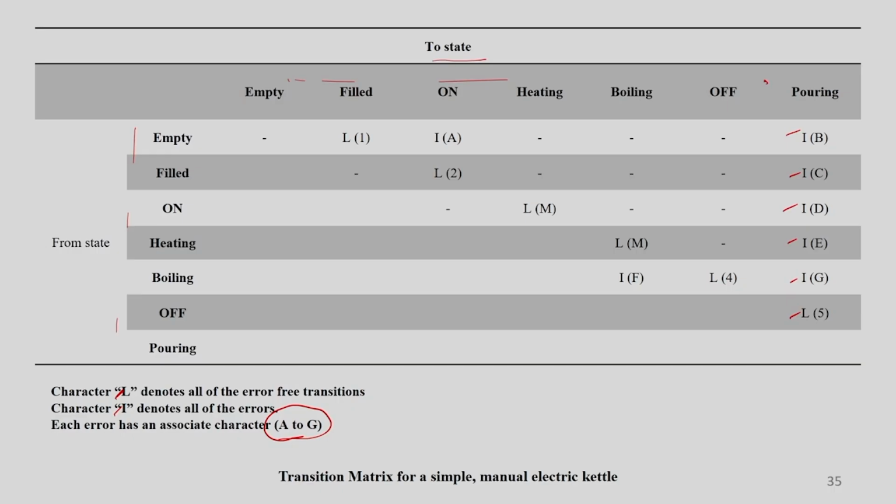Okay. So, this way the transition matrix can be created for this manual electrical kettle, and from there you can understand where the design intervention can be introduced. While writing the manual of this particular heater, the user's guideline, you can inform the user how to use it, and what are the possible points where accidents can happen.